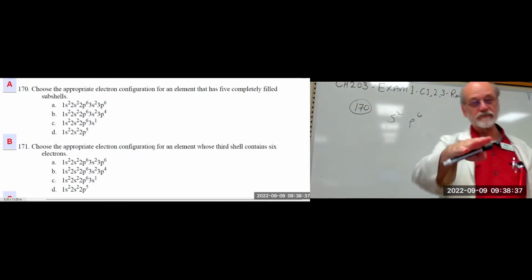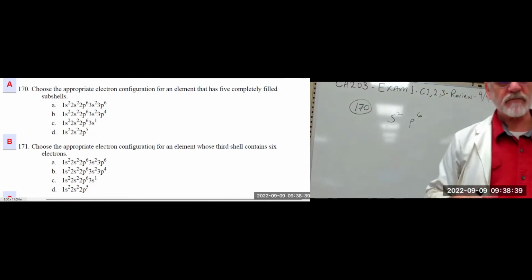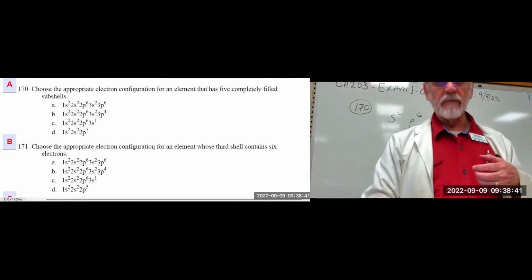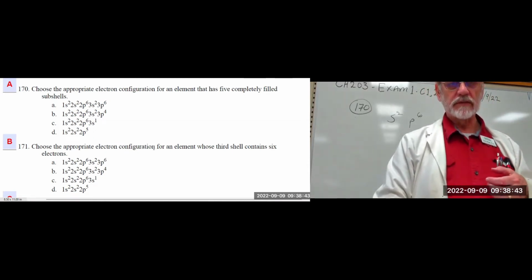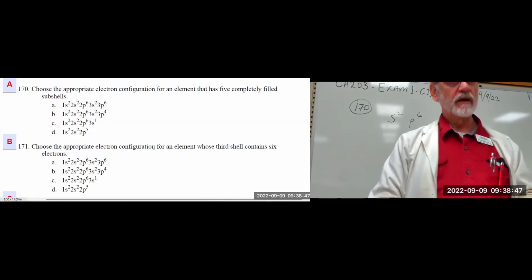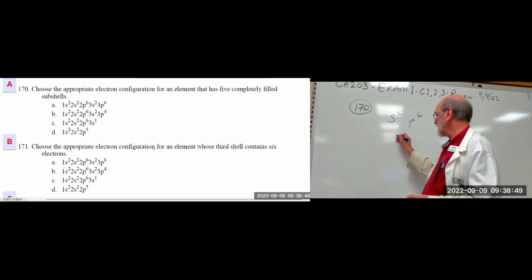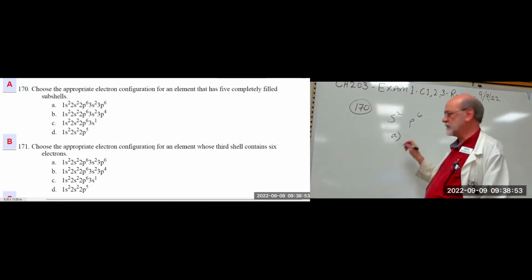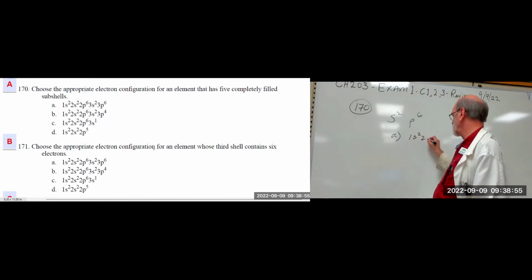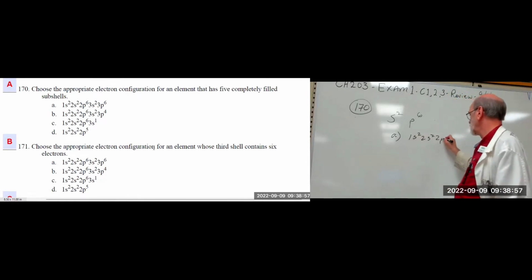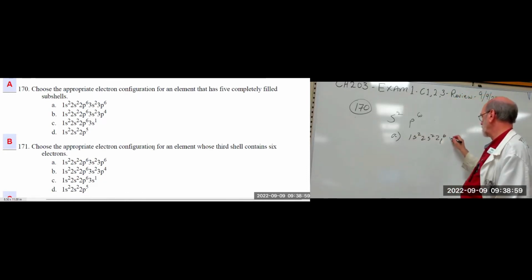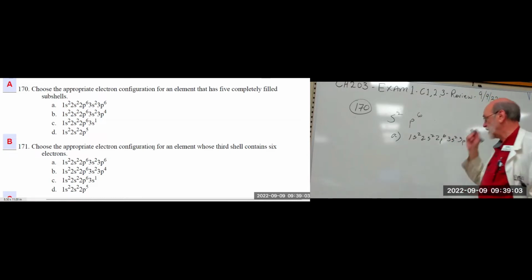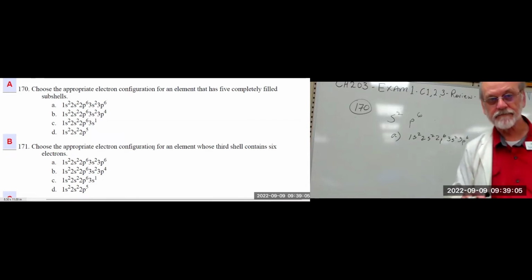So you just look down and see, okay, first of all, which ones are full? The only one that's full is A. A is completely full. Let's see, 1, 2, 3. Okay, is that right? Yep.